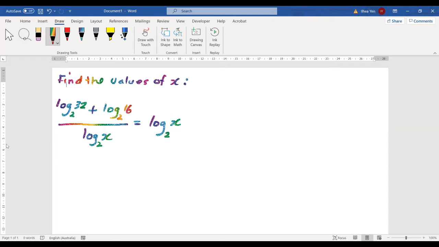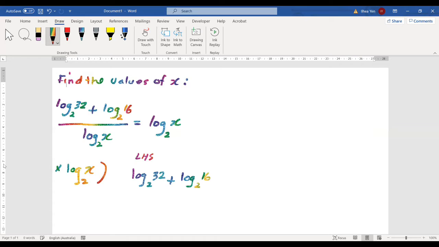Okay, so what I'm going to do here is times by log base 2 of x on both sides. When I do that, on my left-hand side I will have log base 2 of 32 plus log base 2 of 16.